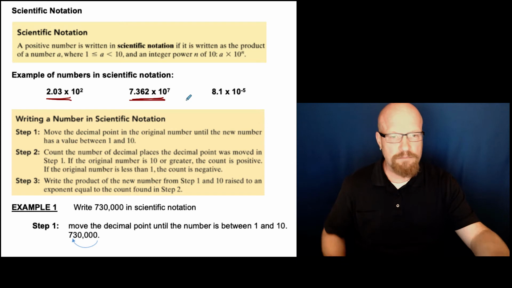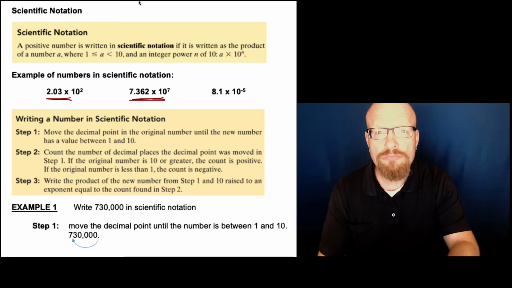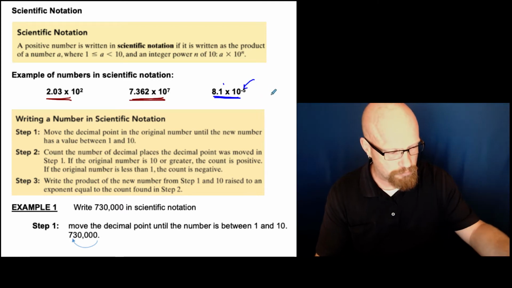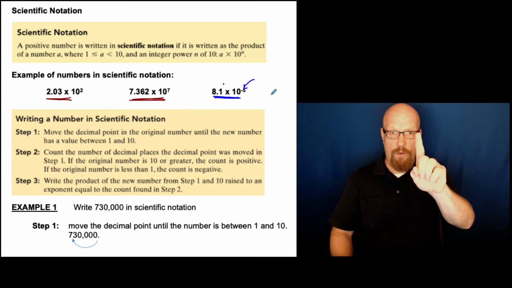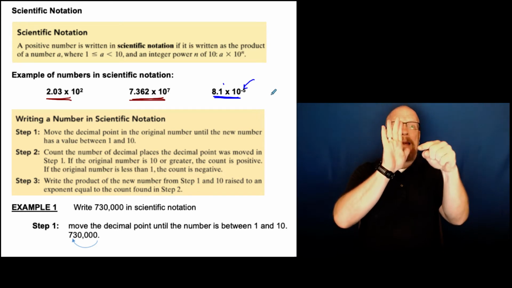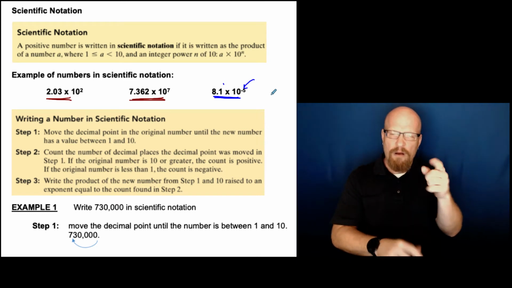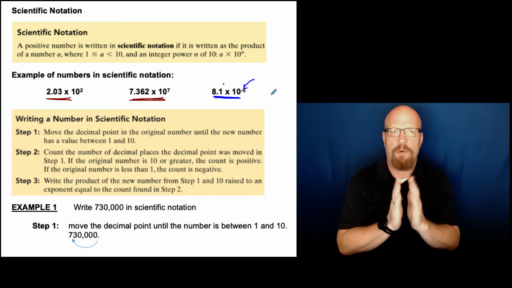The other number here you see is 8.1 times 10 to the negative 5. That number, the negative exponent, means the number is incredibly small.